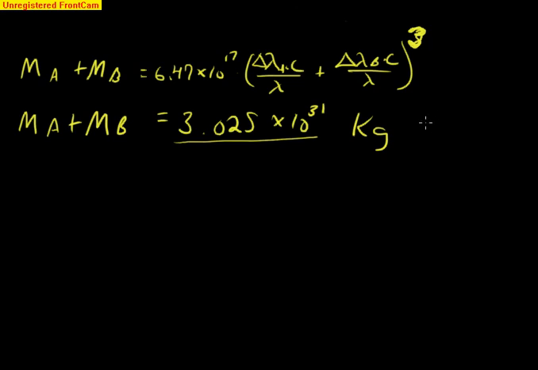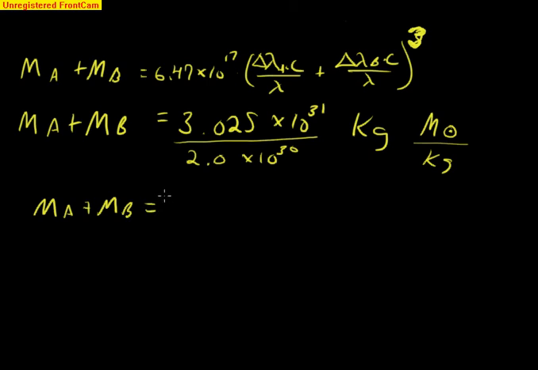We know that the mass of the sun is roughly 2.0 times 10 to the 30th kilograms. That gives us a mass A plus a mass B equal to about 15.13 solar masses.